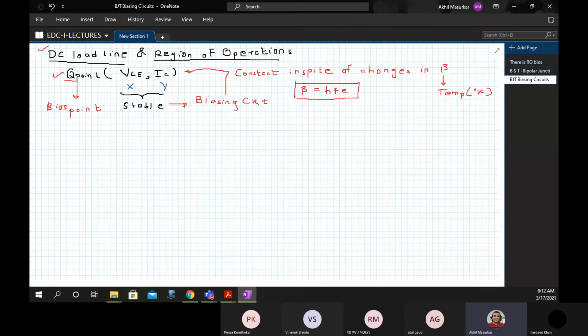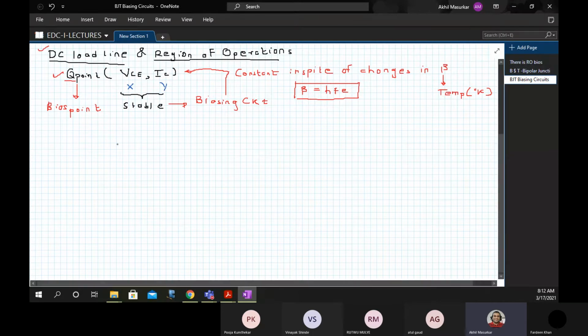Now, DC load line. What is a DC load line? For any biasing circuit, the DC load line is a straight line drawn on the transistor's output characteristics.